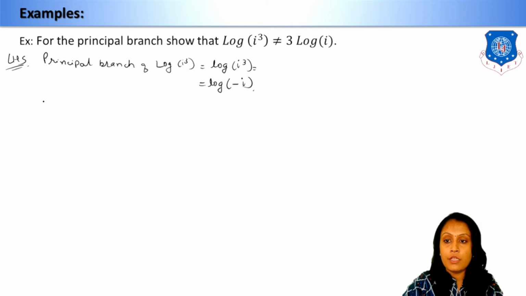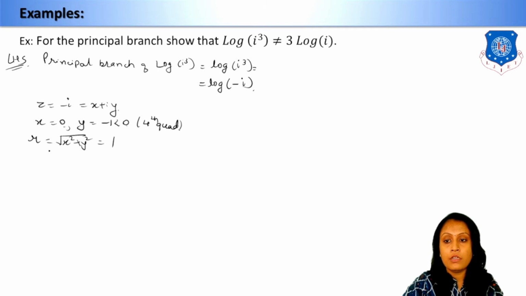So here we have z is equal to minus i. Compare it with x plus iy. So the answer of x is 0 and y is minus 1. Now we will find r, that is under root of x square plus y square, so the answer of r is 1. Now x is 0 and y is less than 0, so this lies in the fourth quadrant.